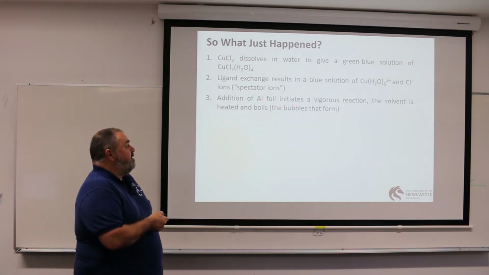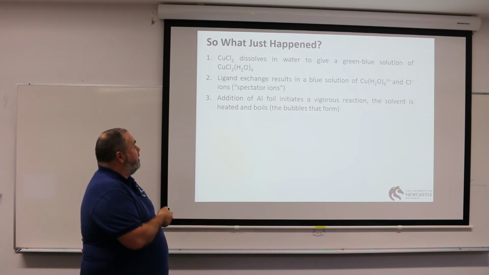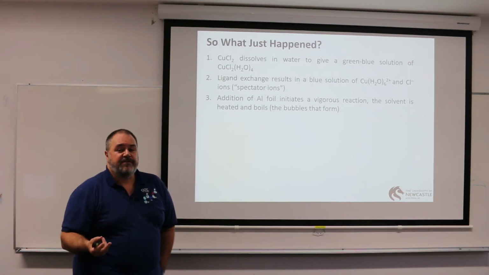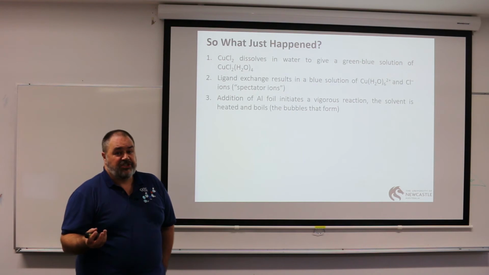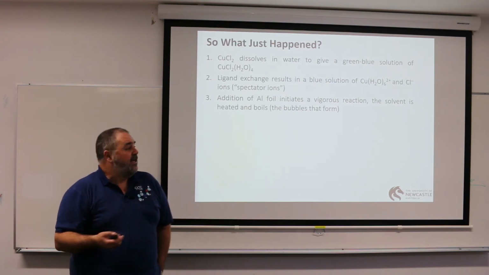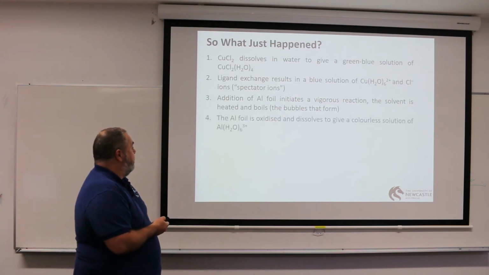When I added the aluminium foil, we got a vigorous reaction. The solvent heated locally on the surface of the aluminium, and we actually see it boiling, so heat is being generated. We see bubbles forming, and the aluminium starts to crumple and dissolve.